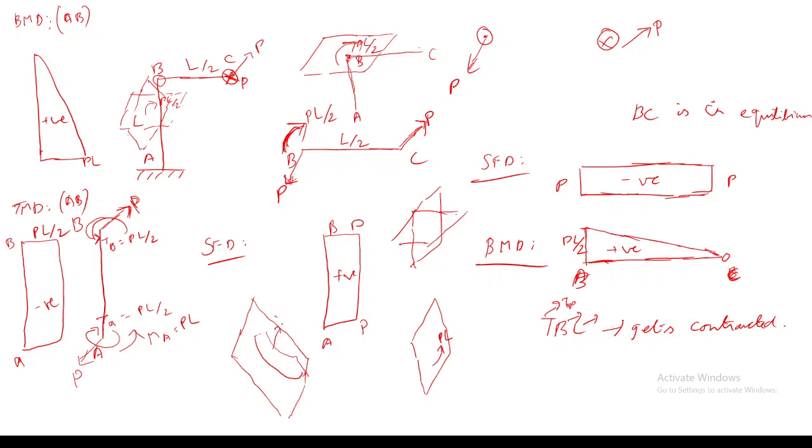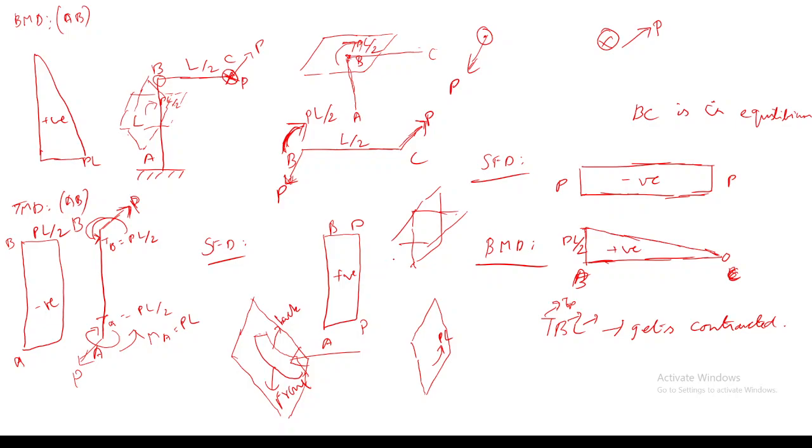This I am terming the back surface, and this the front surface. You are viewing from this side, and due to this bending couple the whole member AB has bent like this. You are getting it right, what I'm saying?